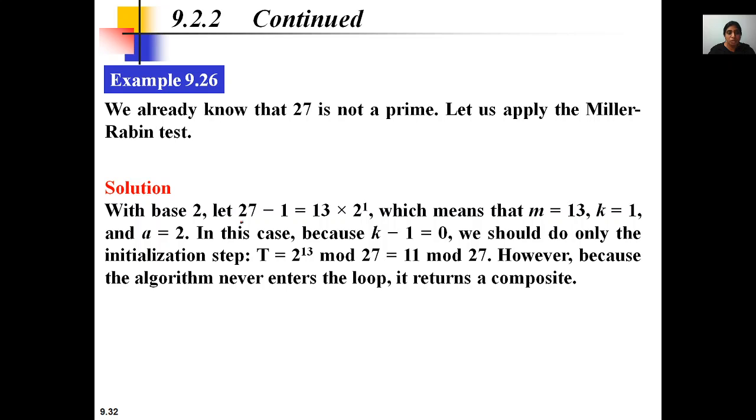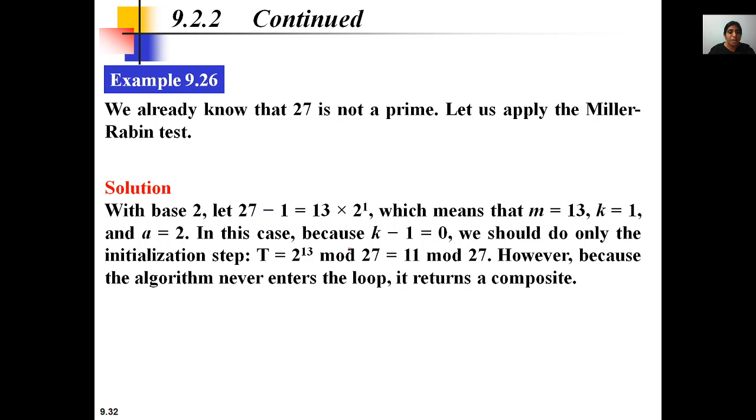So we are going to write 13 into 2, which gives 26. We write n minus 1 is equal to m into 2 power k. So 27 minus 1 is equal to 13 into 2 power 1. So here m is 13, k is equal to 1 and a is equal to 2.